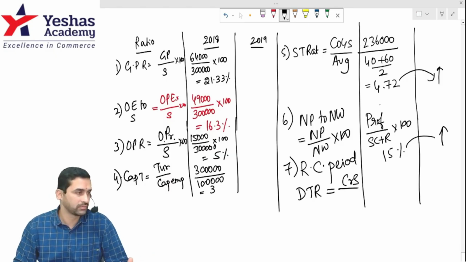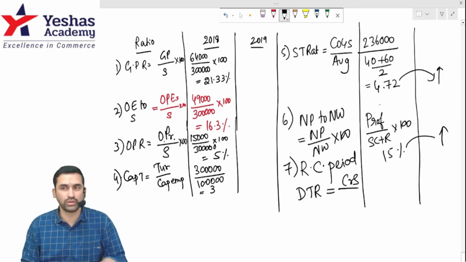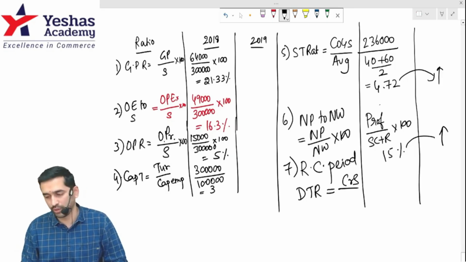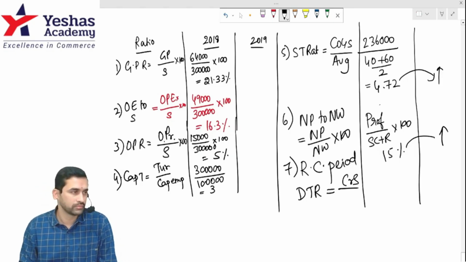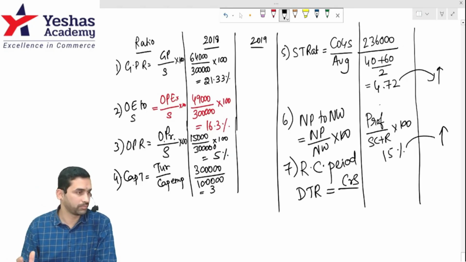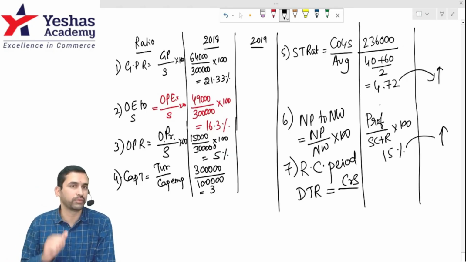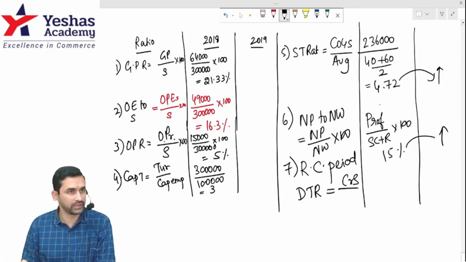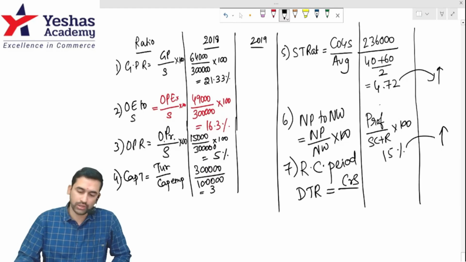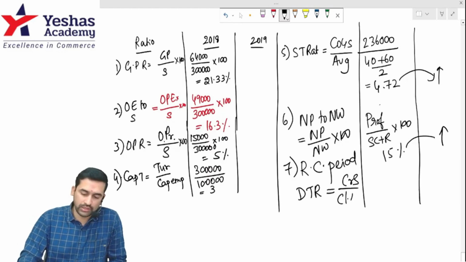The comparison base is wrong, correct? Follow either both on average or both on closing. In this case, both should be on closing because average for both is not possible. For that, they should have given one more piece of information in the question, like opening debtors. They did not. So I have to go by closing data.